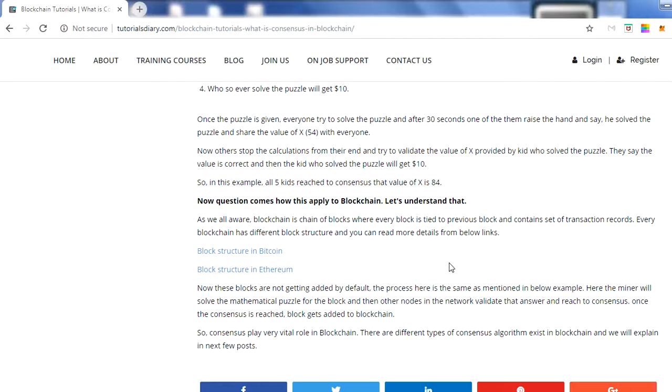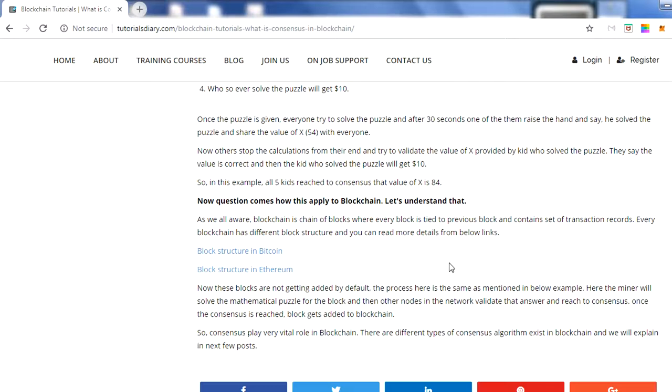This consensus plays a very major role in blockchain, because the blocks will only get added to the blockchain once the consensus is reached, right? There can be different kinds of consensus. There are different algorithms, which we'll discuss in the upcoming sessions, like proof of work, proof of stake, then BFT. There are many.